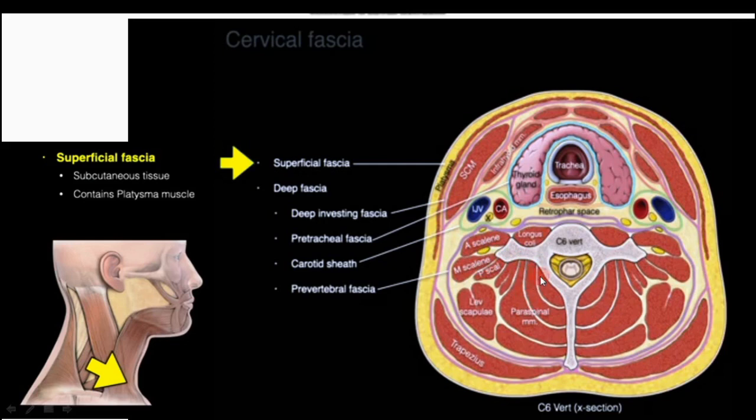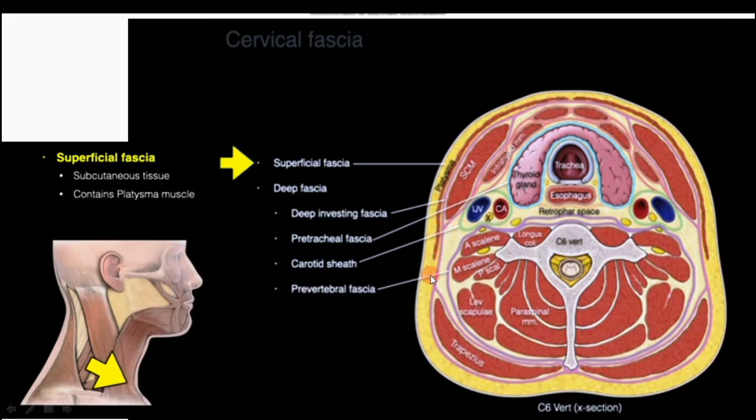On the posterior aspect you can see the paraspinal muscles and levator scapulae. All these muscles, in the anterior as well as the posterior aspect, are enclosed in the deep fascia. Clear?